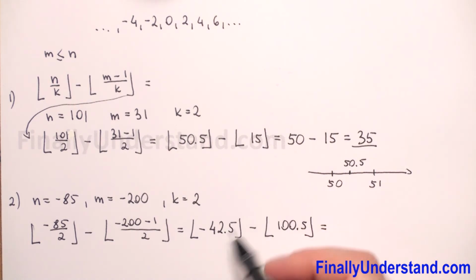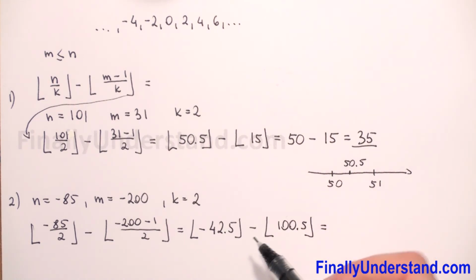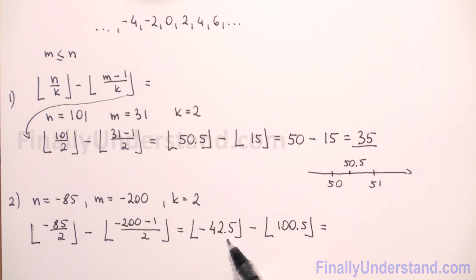Now we have to find the floor of these numbers. These numbers are not integers, and we know that the floor of a number is the largest integer that is less than or equal to this number.